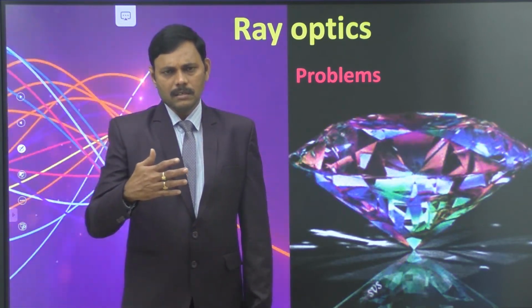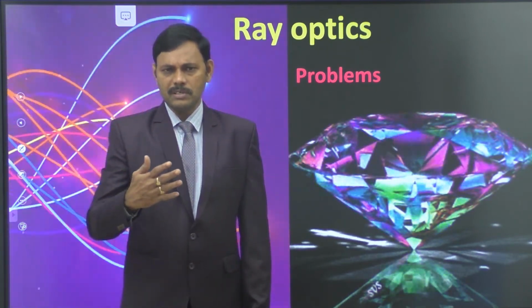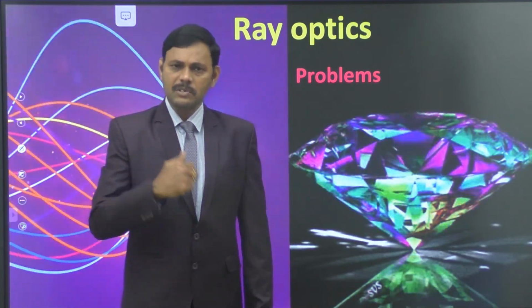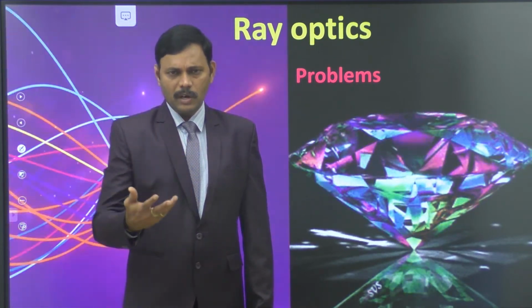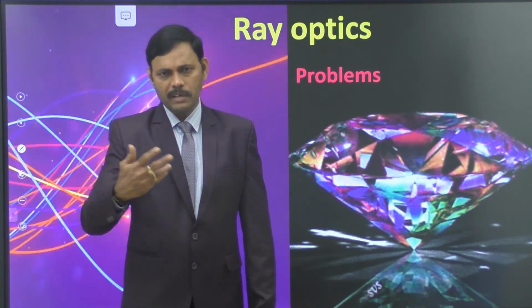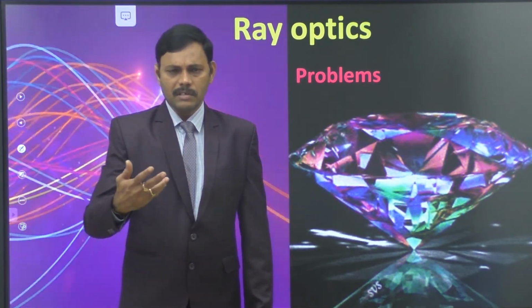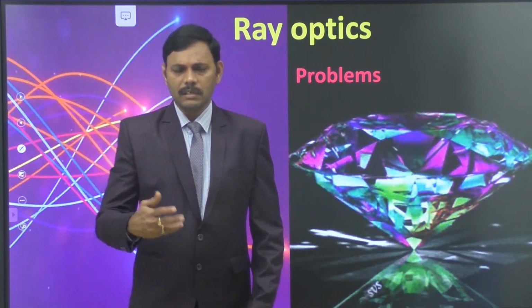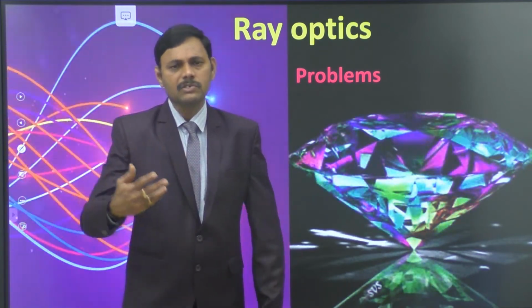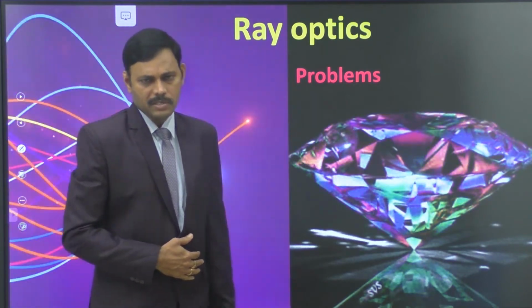In that, the refraction through single curved surface, refraction through lenses, lens maker's formula, applications of lens maker's formula, followed by the mirror equation and lens equation. We completed all these things in the previous part of our discussion.